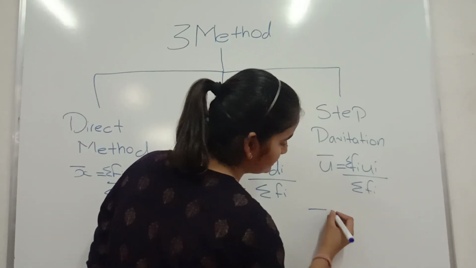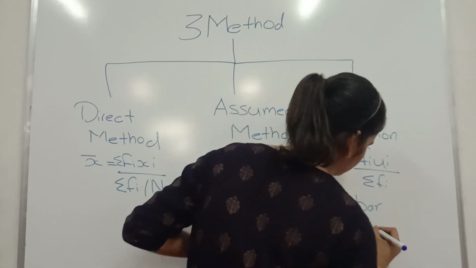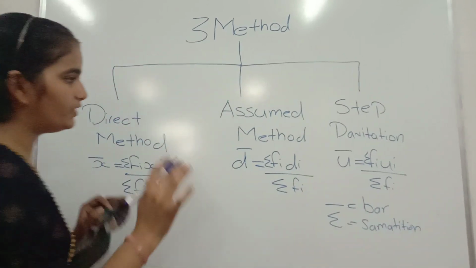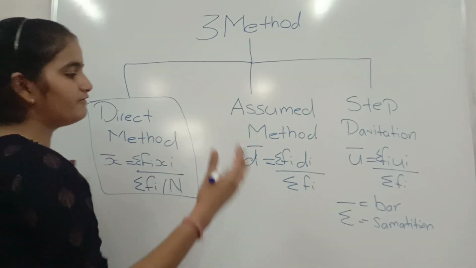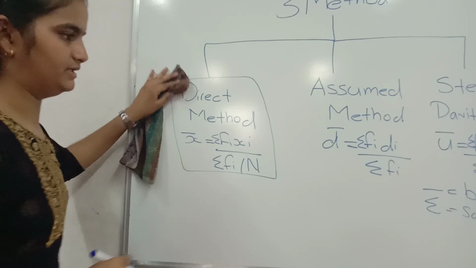This line is known as bar and this is known as summation. But for today, we are going to discuss the direct method. These two we will discuss afterward.